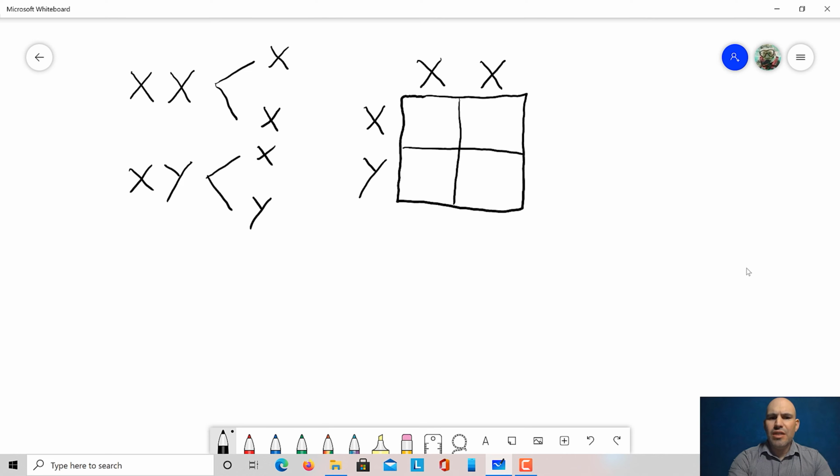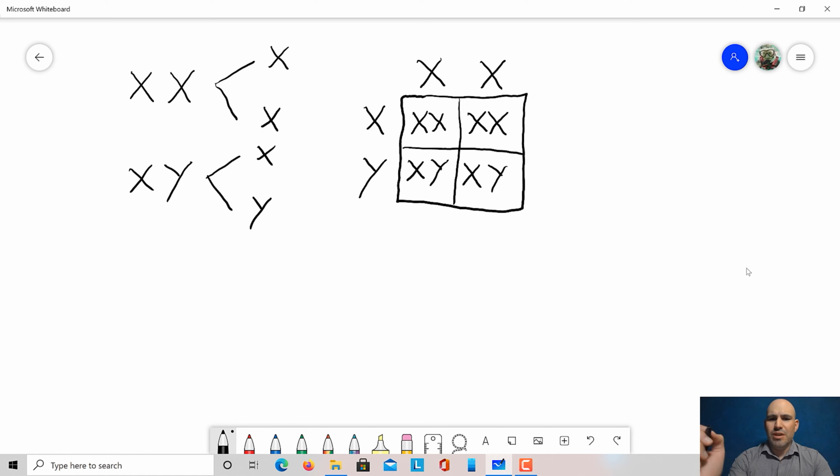Now, if the first sperm fertilizes the first egg, then we are going to get XX. That will develop into a female child. If that first sperm fertilizes the second egg, then that is going to be XX. That will also be a female child. If that second sperm fertilizes that first egg, then we're going to get XY, which will be a male child. And if that second sperm fertilizes that second egg, then it's going to be XY.